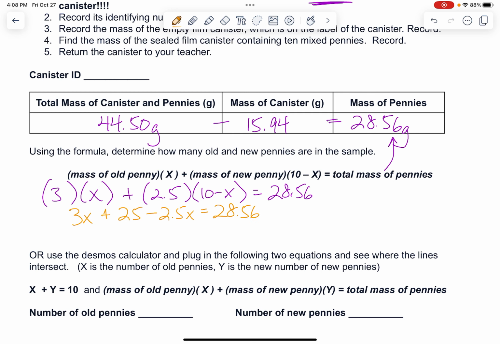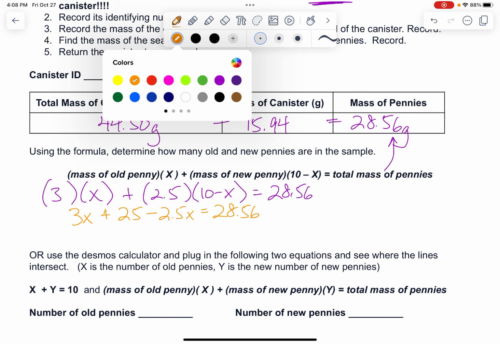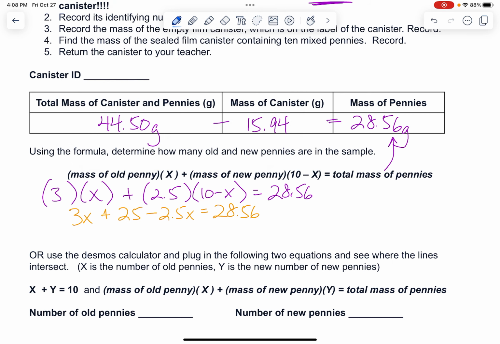Now, from here, we're going to simplify our terms with x. So this is going to turn into 0.5x. And then we're also going to subtract this 25 from both sides. So on the left-hand side, it's going to go away, and we're going to subtract over here. So 0.5x is going to equal 3.56.